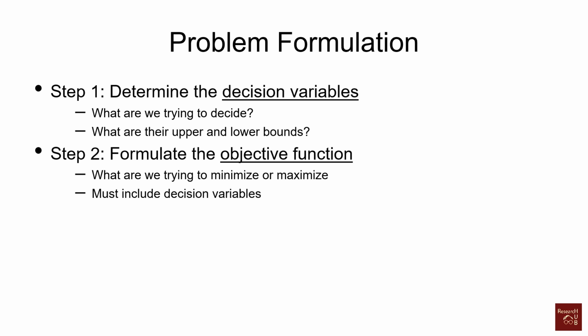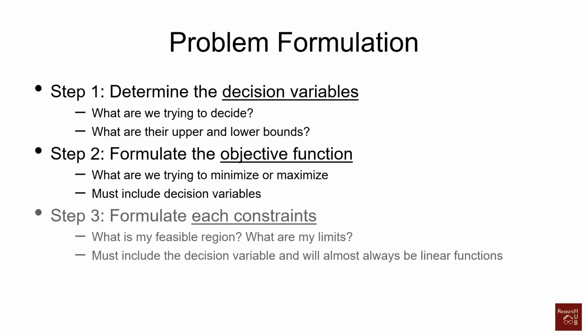We have to remember that the objective function must include decision variables. The third thing is to formulate constraints. So what is my feasible region for my solution? What are my limits? Constraints must include the decision variables and will almost always be linear functions. So these are the three steps for any optimization problem solution.